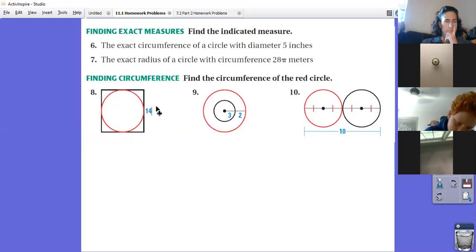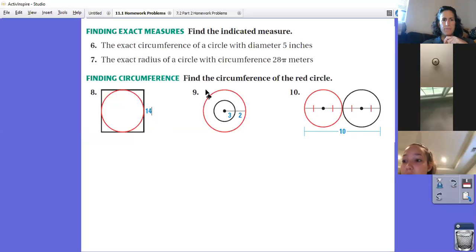Wait, can you do number 8? Number 8, okay. Can you also do number 10? Okay. Do I have any volunteers to do number 8 or number 10? Anyone? I can. Who said Sandra? Yeah, I can try. Okay.